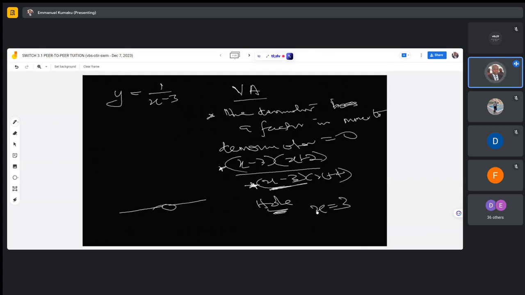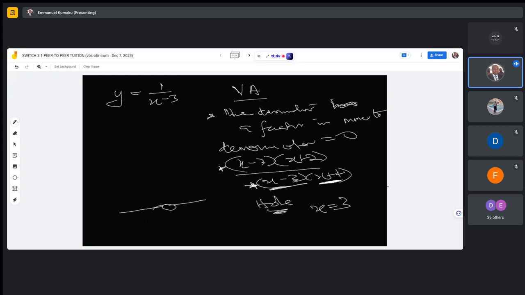But if there's a factor that can cancel out, then as I said earlier on, that factor is a hole, it's not an asymptote. But the remaining portion, so this one x plus 4, that is what we'll equate to 0 to find the vertical asymptote. So let's take note of these key things. These are the rules for finding vertical asymptote.